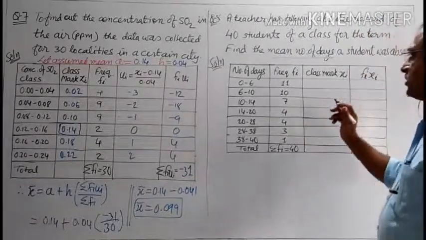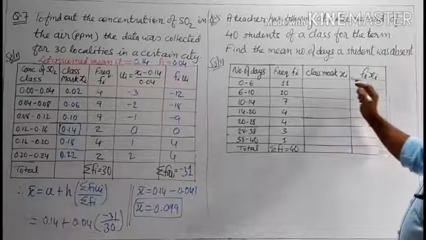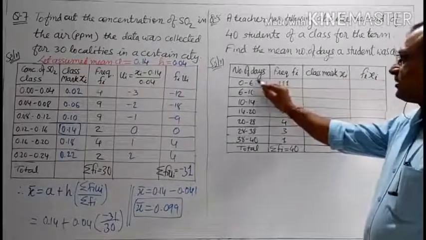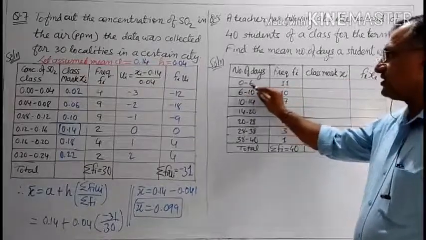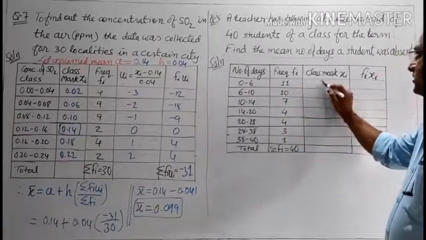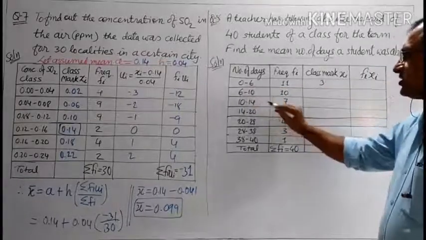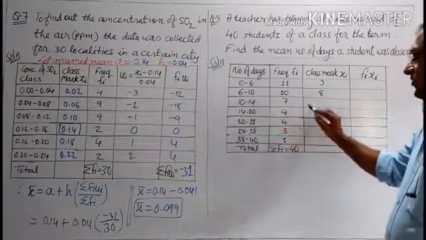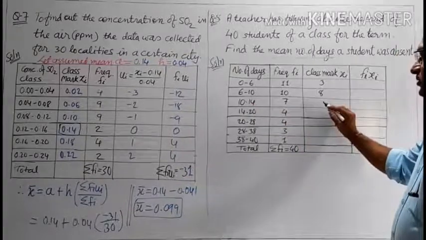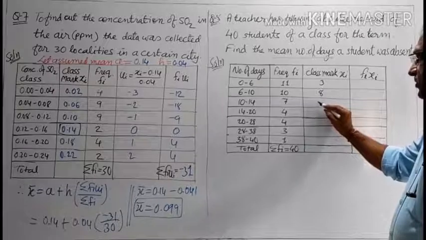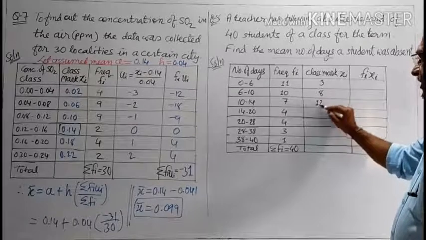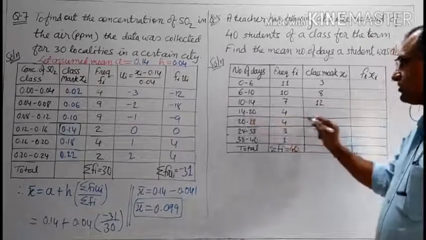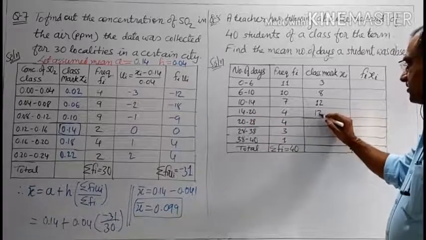So let us proceed. For the direct method, first of all we have to find the class mark or central value: 0 plus 6 divided by 2, that is 3. Then 6 plus 10, 16 divided by 2, that is 8. Then 10 plus 14, 24 divided by 2, that is 12. Similarly 14 plus 20 divided by 2, that is 17.